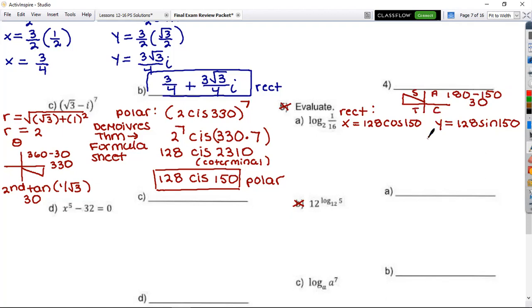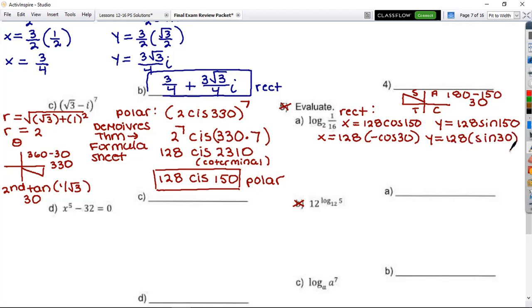All right, so this answer, I'm going to have x equal to 128. And then this is going to give me the negative cosine of 30 because it's negative there. And then y is equal to 128. And then sine of 30, and that's positive.